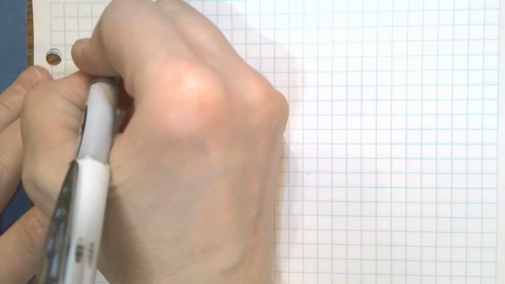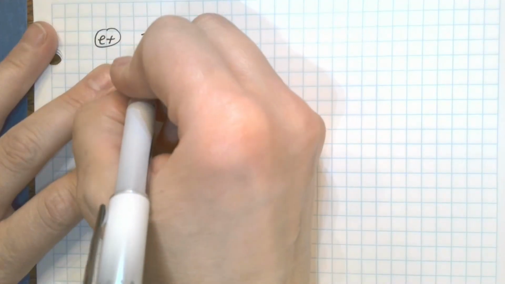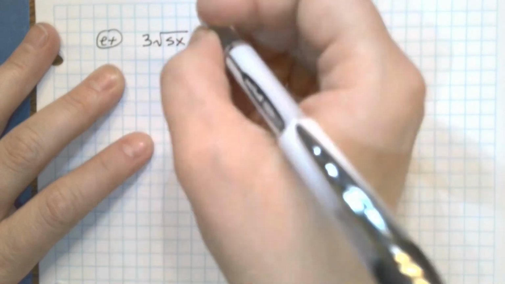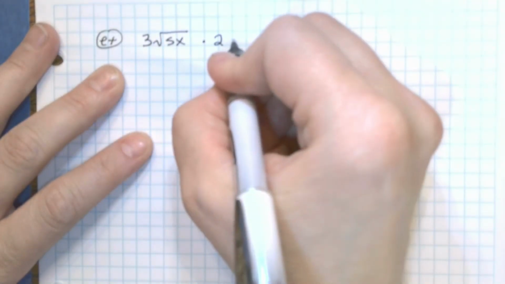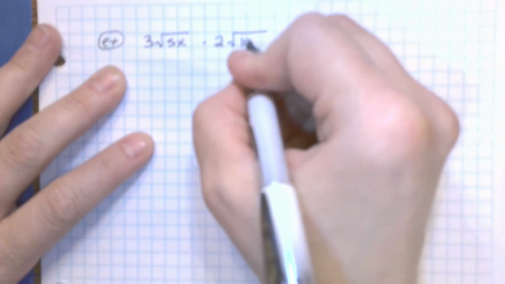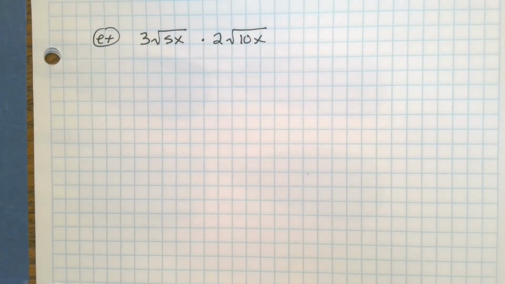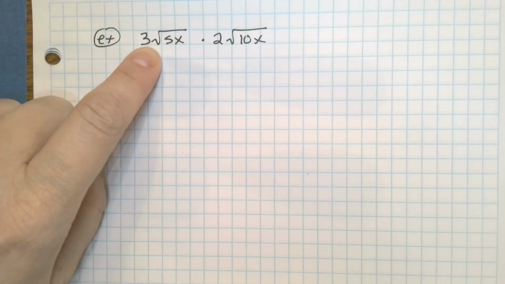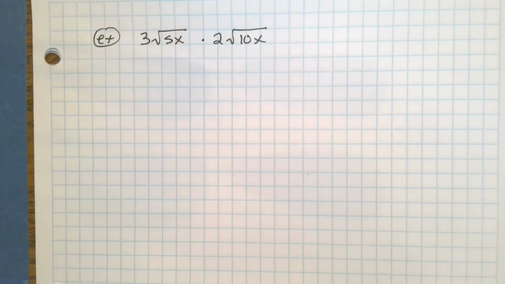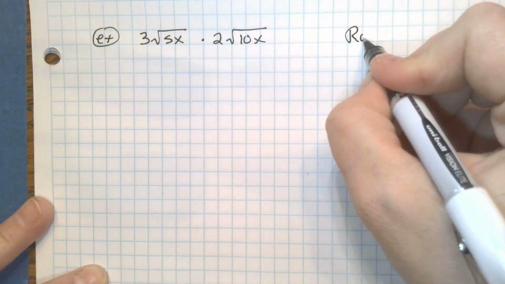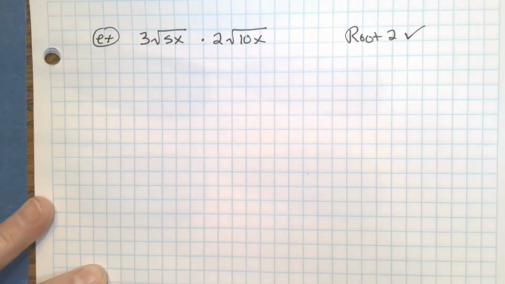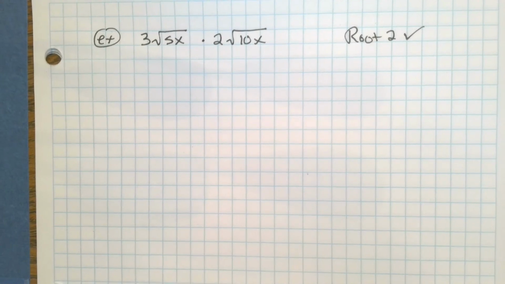Here is our example. 3 radical 5x times 2 radical 10x. So first thing you do is double check that they have the same root or index. This is a root 2, remember the invisible 2, this is a root 2. So because they are both a root 2, we can go ahead and multiply.